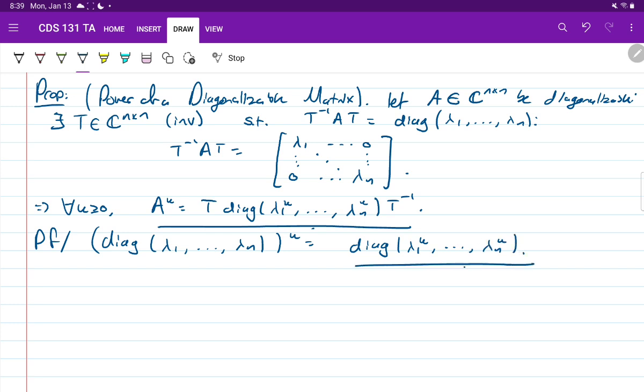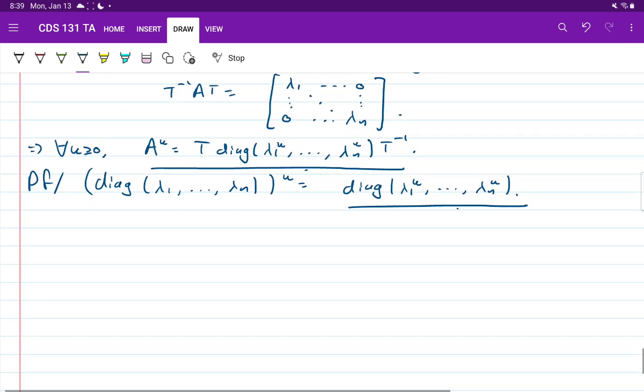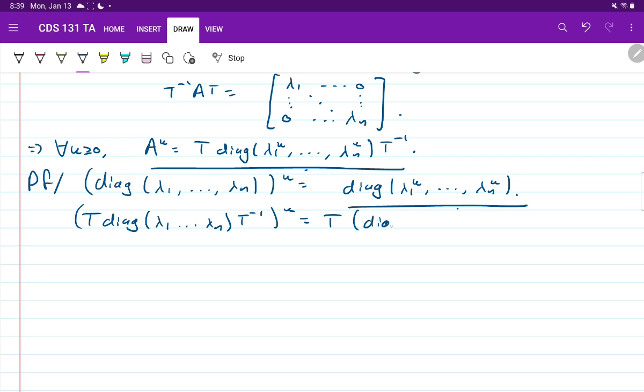Now that we've established this, all that we need to do is apply our previous proposition. What this tells us is that T times diag lambda 1 through lambda n times T inverse, to the k, is equal to T times diag of lambda 1 through lambda n to the k times T inverse, which is equal to T times diag of lambda 1 to the k through lambda n to the k times T inverse.